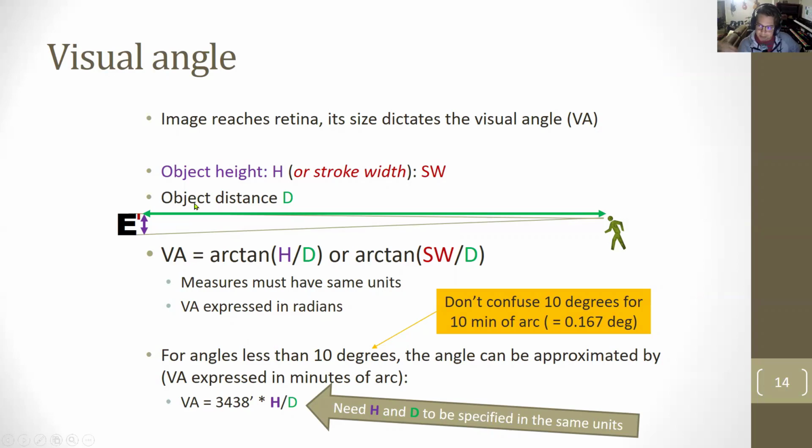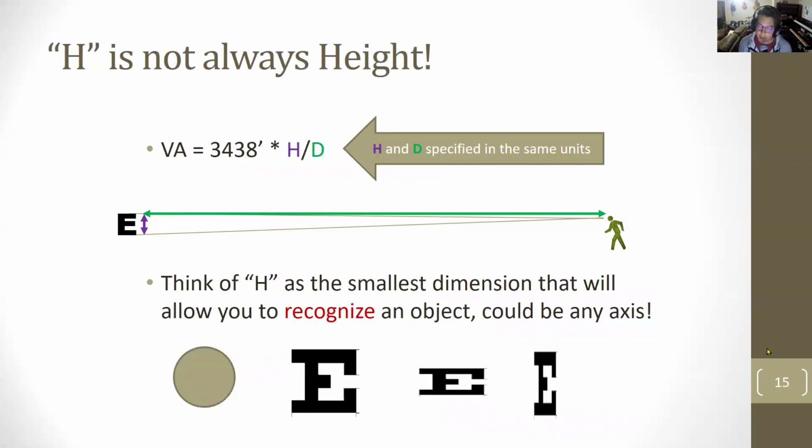But inches and feet don't directly work, you need to convert one or the other so that those units cancel out. Then you're left with minutes of arc, which is what you're solving for in the visual angle. So again, make sure we specify H and D in the same units, either inches or feet, or could be meters. They end up canceling out, so it's okay.